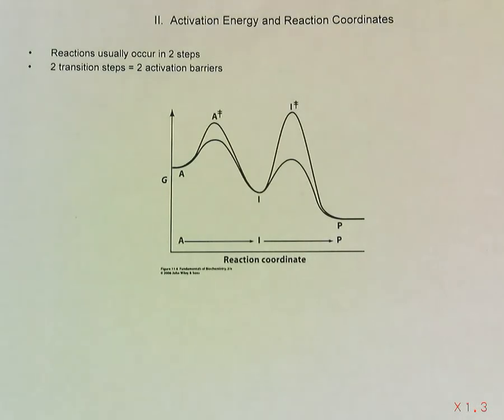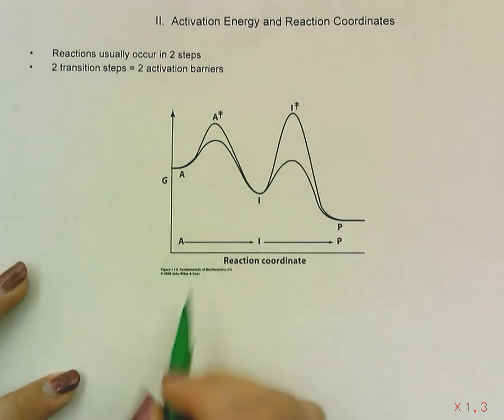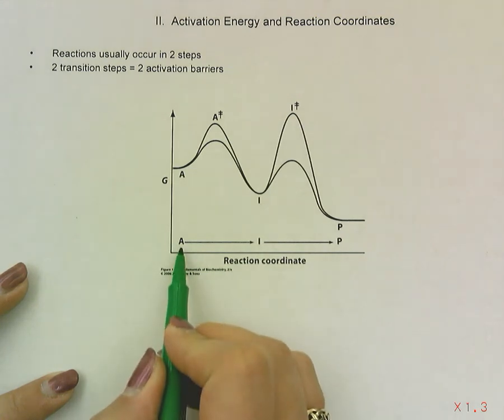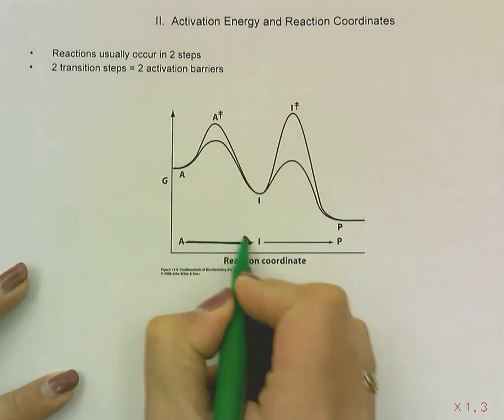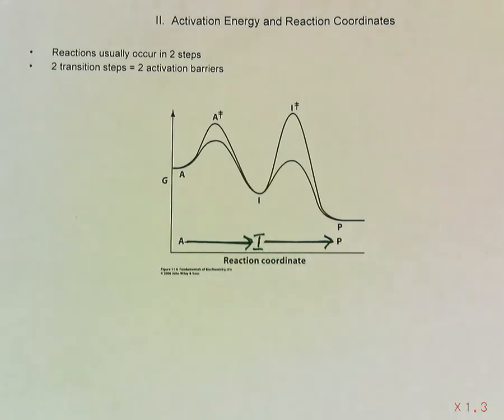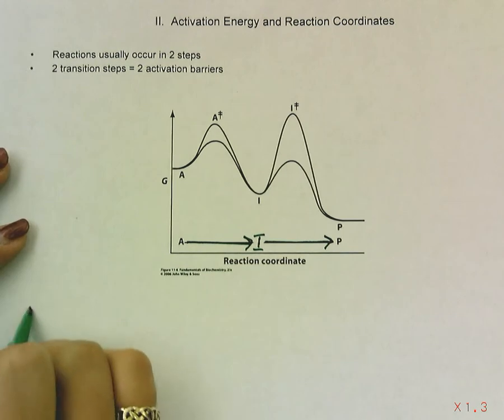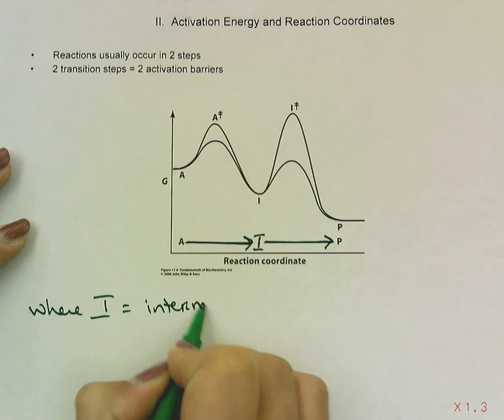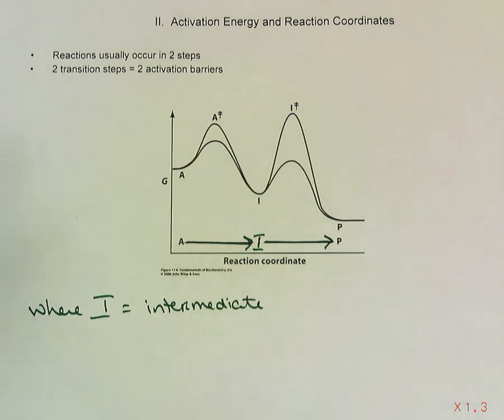So, reactions more often occur in two steps rather than what we looked at last time. Last time it was A plus B goes to P plus Q. It's more typical to have a reaction that goes through an intermediate stage. So I'm showing the reaction of A goes to I, goes to P, where I stands for intermediate.